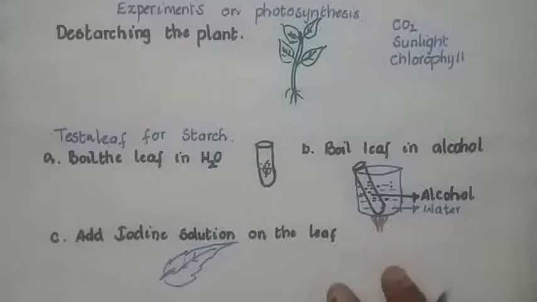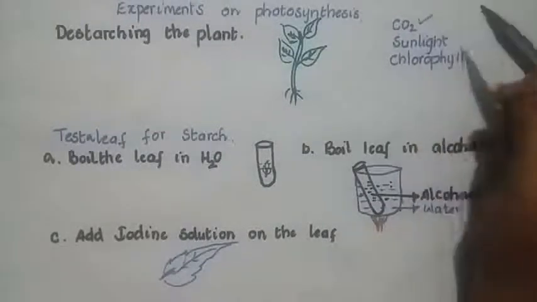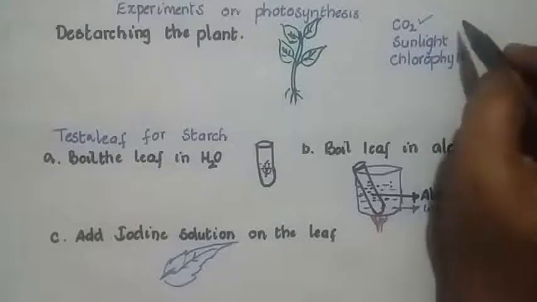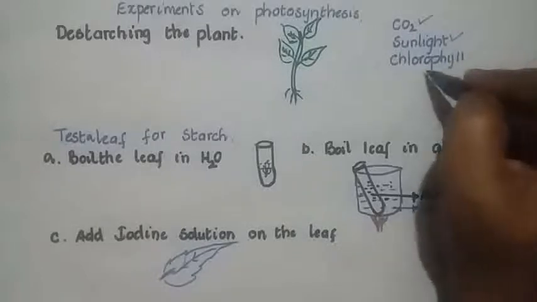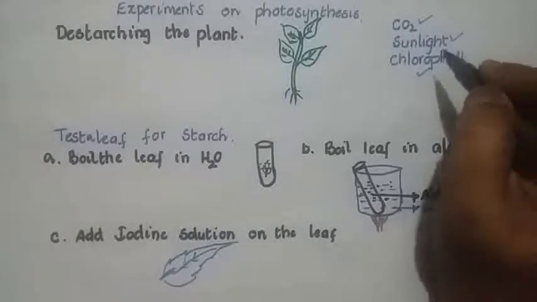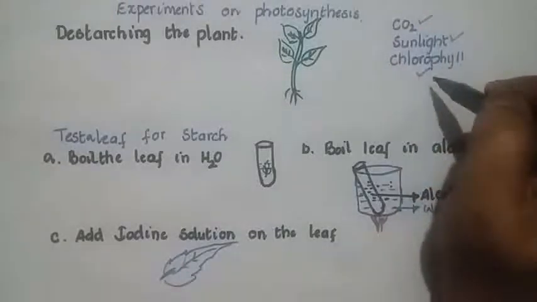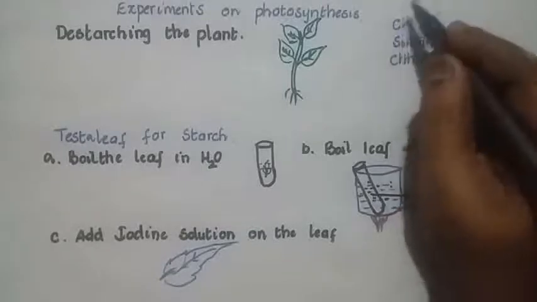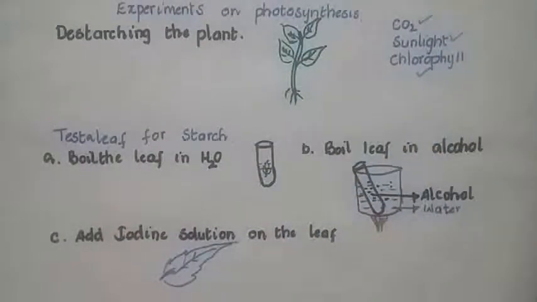In this chapter, we are going to prove that plants need carbon dioxide to carry out photosynthesis. Plants need sunlight to carry out photosynthesis. Plants need chlorophyll to carry out photosynthesis. So all these factors will be proved. But when you prove this, you're going to have some common steps which I'm going to teach you, which hold good for all the experiments.